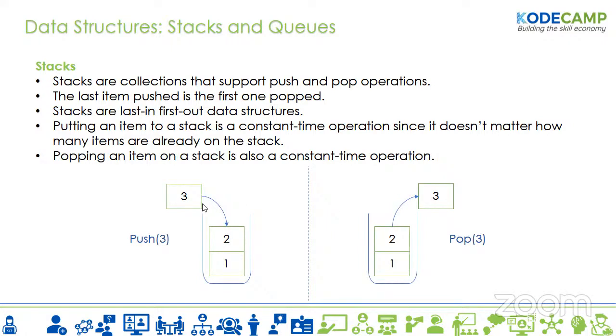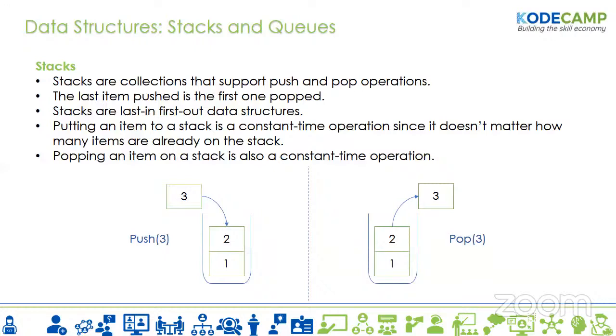Let me go over this again. Putting an item on a stack is a constant time operation, since it doesn't matter how many items are already on the stack. It's just like placing something at the end of an array.